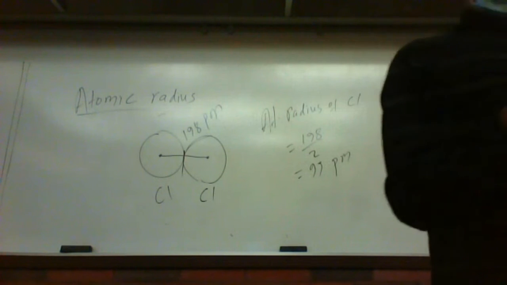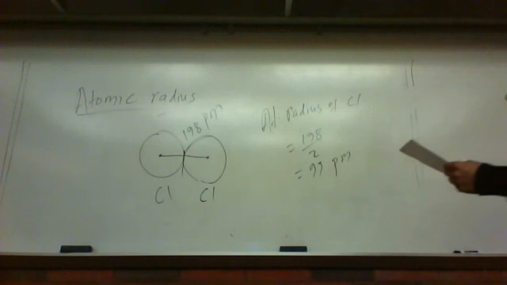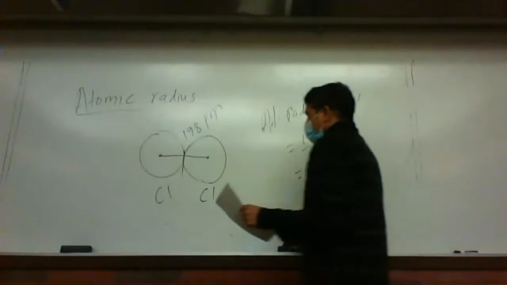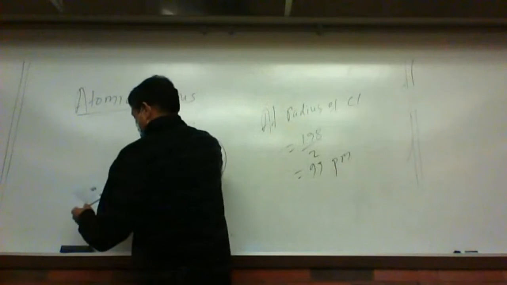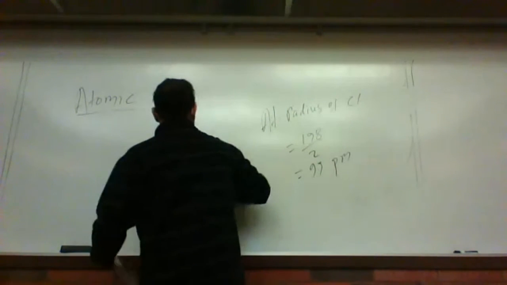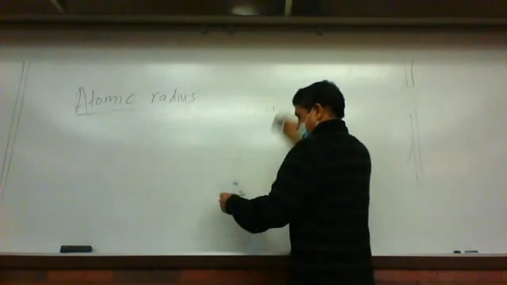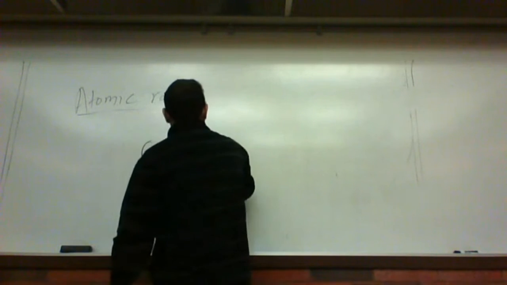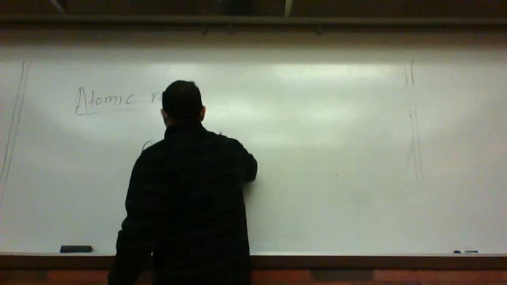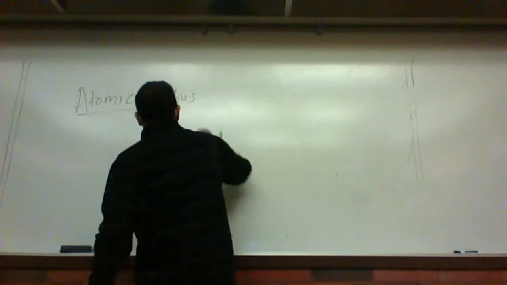Make sense? Good. But how about if it is not a homonuclear molecule like this, let's say a heteronuclear molecule, like HCl or CCl or something like this. Let's say this is carbon and this is chlorine.